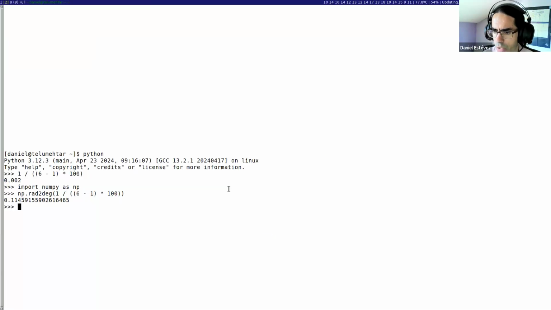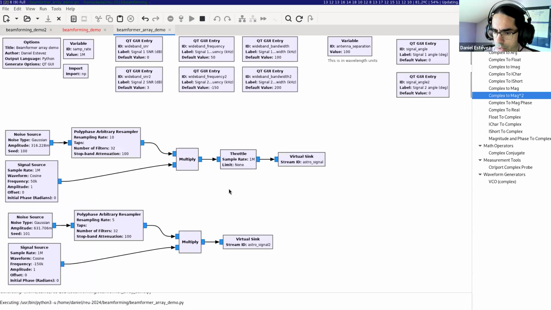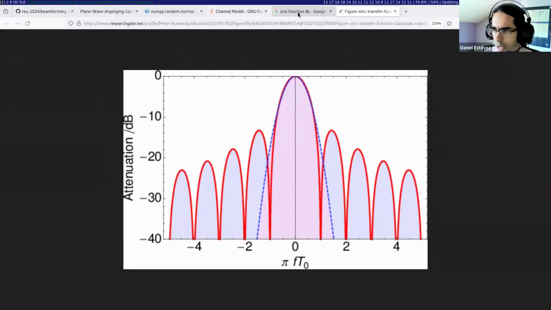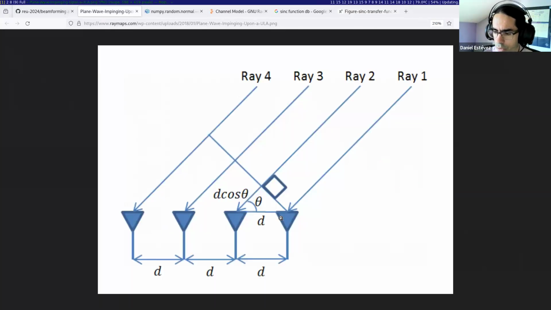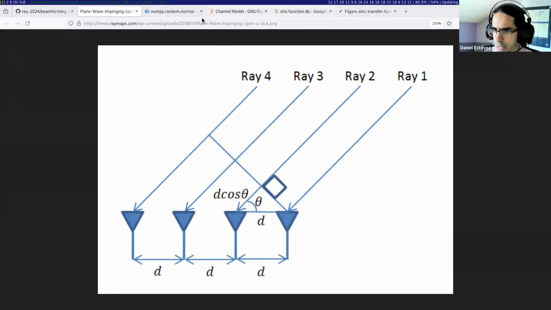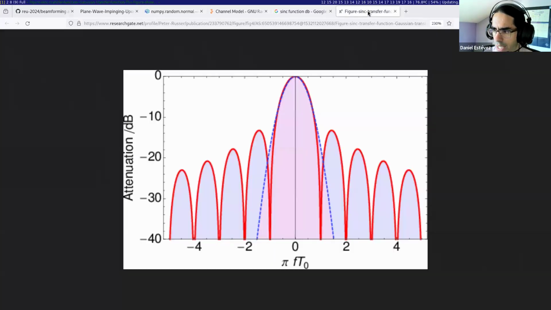What else? How does the number of antennas affect what happens? Because here I have 6 antennas, and in here I have 4 antennas. So what would be the difference? The difference is basically a matter of side lobes, really.